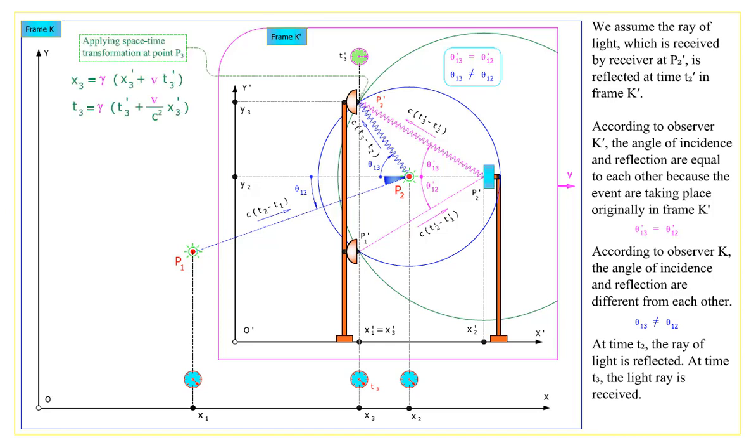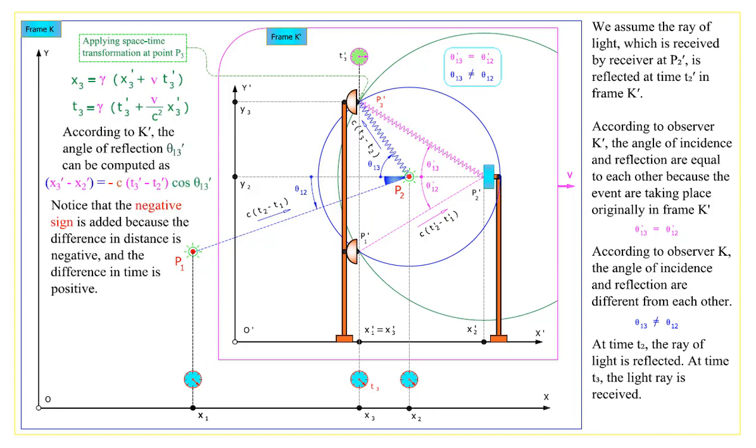Applying spacetime transformation at point P3. According to K', the angle of reflection θ13' can be computed as x3' minus x2' equals negative c times (t3' minus t2') times cosine θ13'.